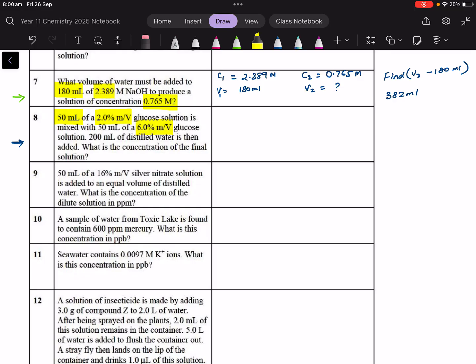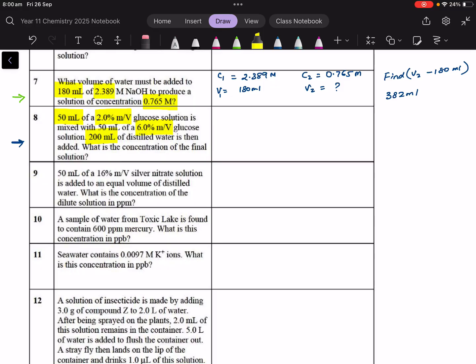So you're taking 50 ml of glucose solution at 2%, mixing it with 50 ml of 6% glucose solution, and 200 ml of distilled water is then added after that. So can you see there's a few layers here? So what is the concentration of the final solution?